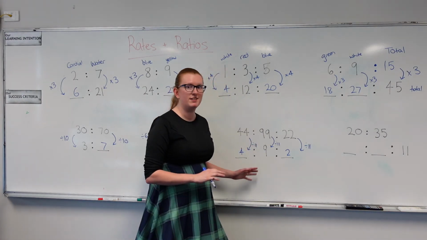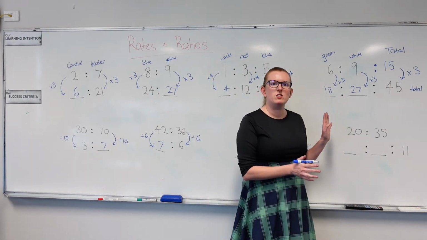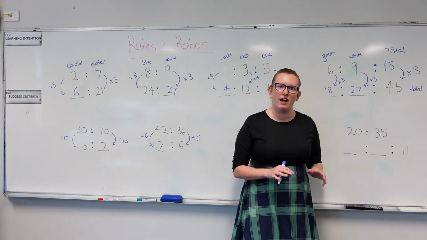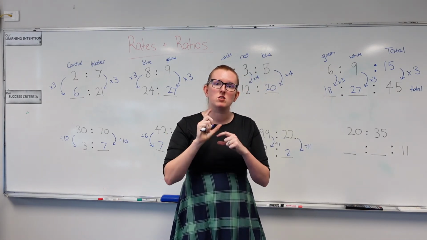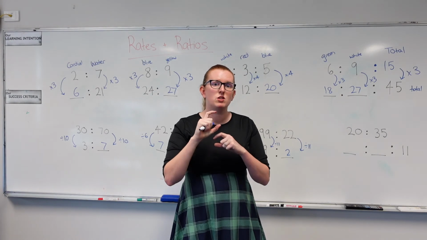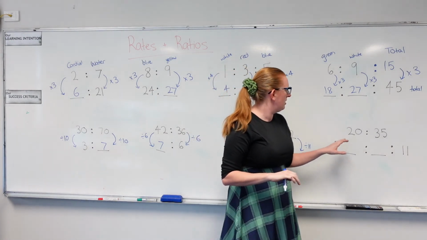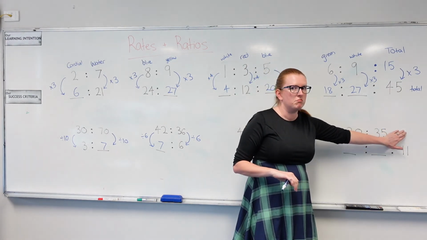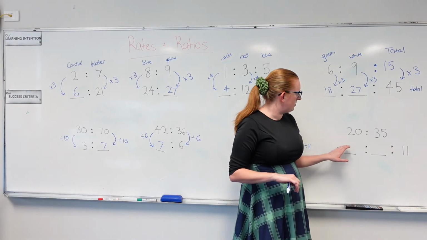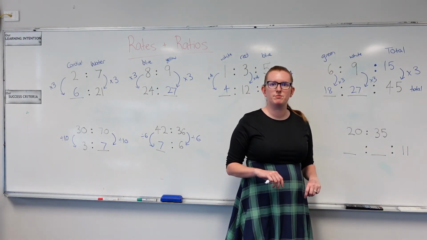All right, last one. Here's another one. It's not complete. I don't have a set of information stacked on top of each other. So I need to fill in the blanks here to make a set of double stacked information. I've got a 20, a 35, nothing, blank space, and 11.